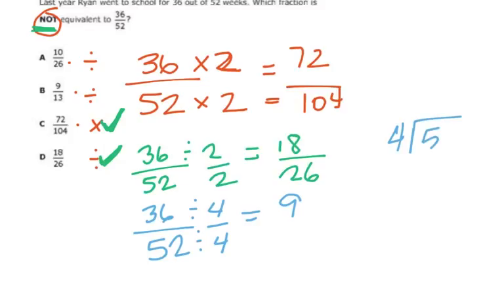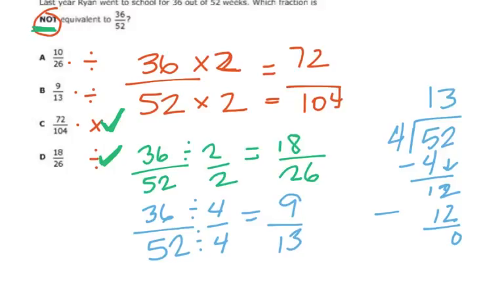Let me do that one on the side. Four goes into 12 3 times. Okay, so now 52 divided by 4 is 13. Oh, look, right there. B also works.